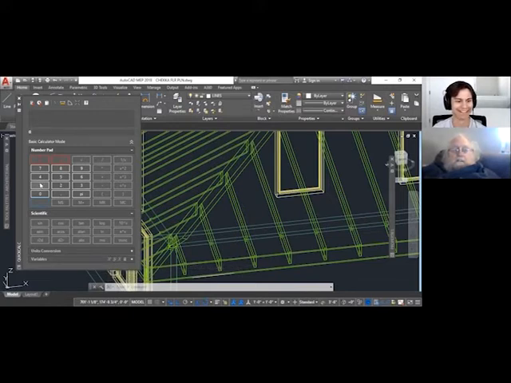1.4142 times, let's say, 1 3/4 inches, is 2.47. That's the distance that I have to subtract from this length, my line here.